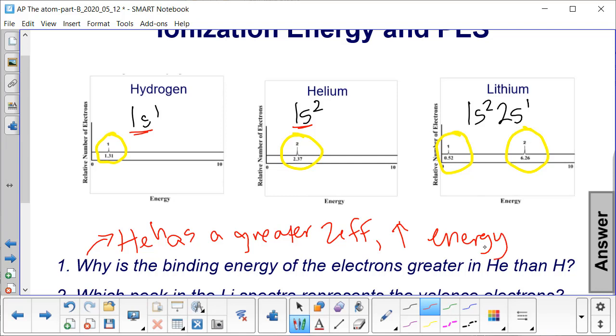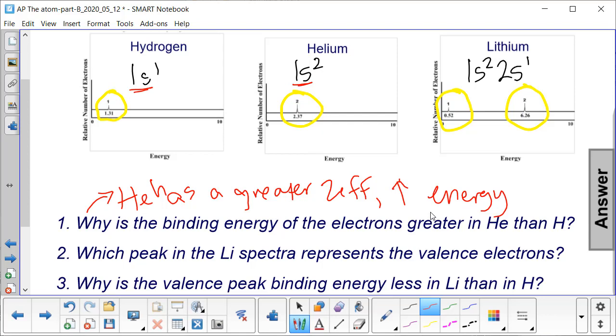Okay. Number 2, again, I'm going to scroll just so we can continue to see our diagrams. Number 2 says, which peak in the lithium spectra represents the valence electrons? So valence electrons are the outermost electrons. If we take a look at the electron configuration that we wrote, the outer electron is this 2s electron here, and it's only one electron.